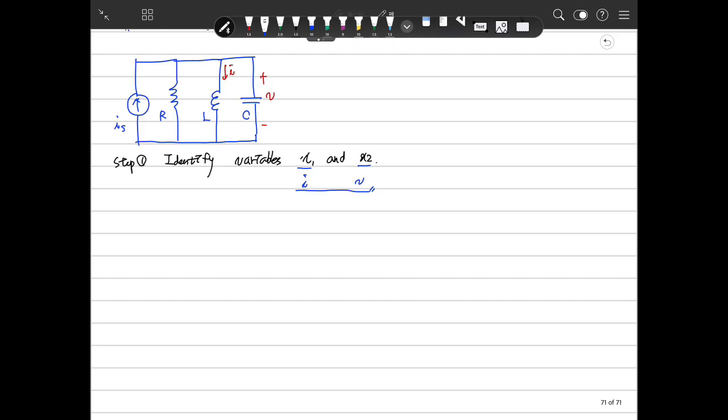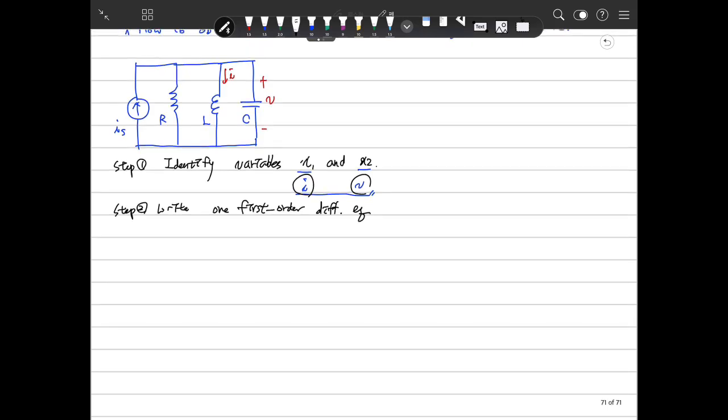Then step 2: write one first order differential equation. Based on the current I and V, we can make any first order equations.